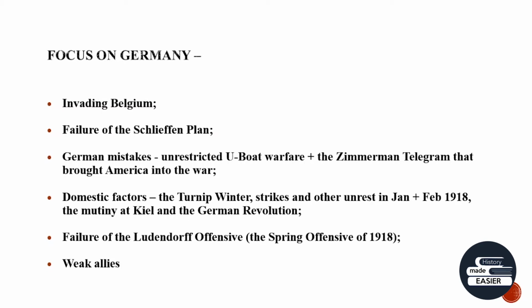And we can also look at Germany's last attempt to win the war, the failure of the Ludendorff offensive, or the spring offensive of 1918. And weak allies. Germany was really handicapped by having to prop up Austria-Hungary at key points.